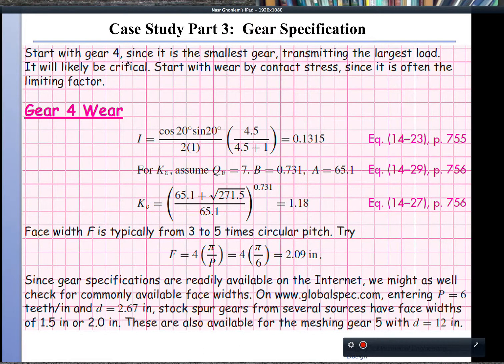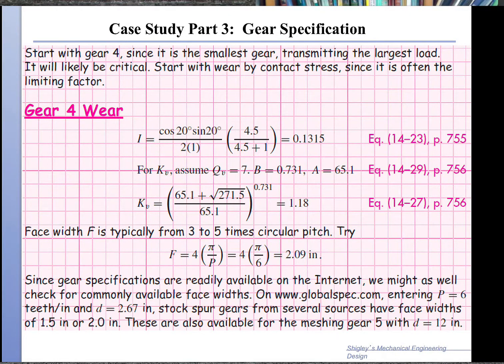So if you have a gear 4, we find the geometry factor I, which has cosine and sine of the pressure angle, and it has the gear ratio 4.5 rounded. So that comes out to be 0.1315.